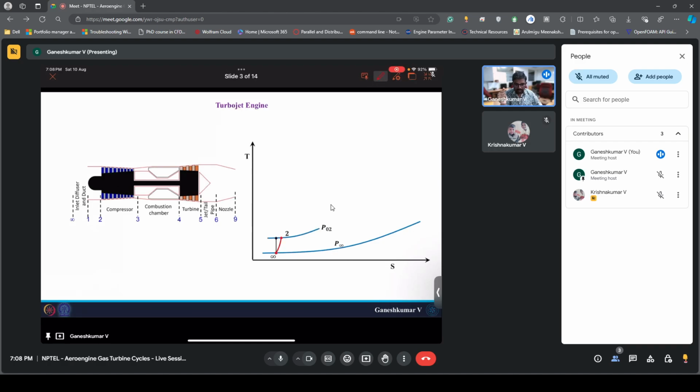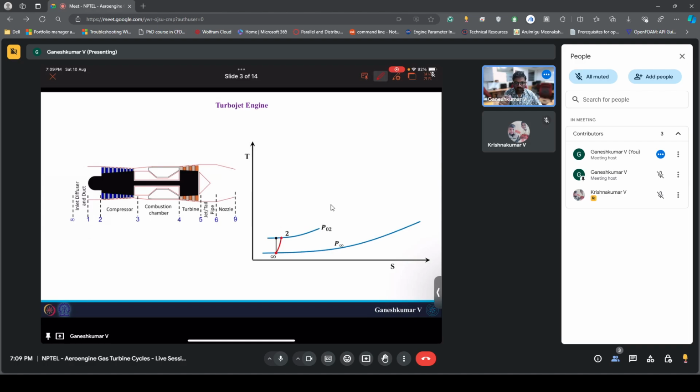And then what we have is, first the air gets compressed, you can say, from infinity to 2. If it is in the ground condition, this is important, it doesn't really get compressed while it goes through the diffuser. But if it is in a flying condition, it gets compressed to a slightly higher pressure P02, and then it undergoes further compression in the compressor.